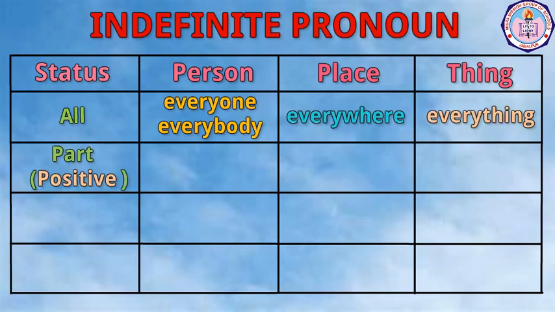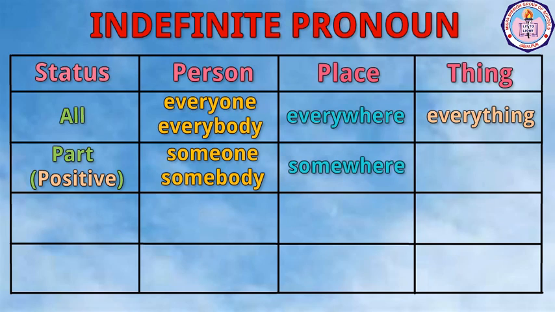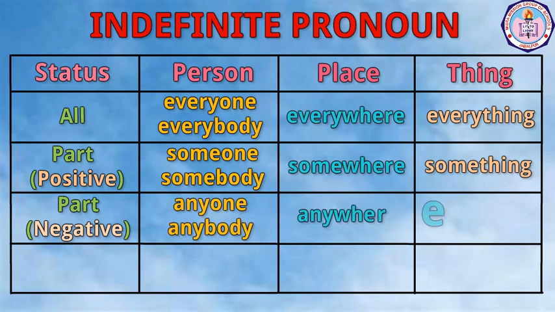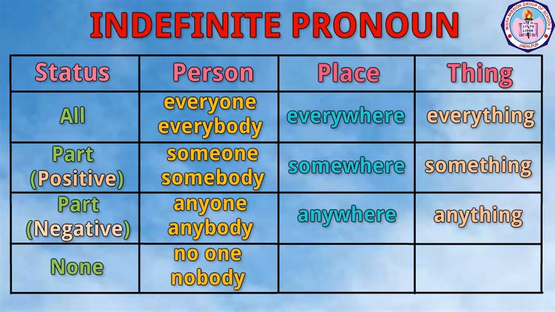Positive, as a part: someone, somebody; place, somewhere; thing, something. Negative, as a part: anyone, anybody; anywhere; anything. None: no one, nobody; place, nowhere; thing, nothing.